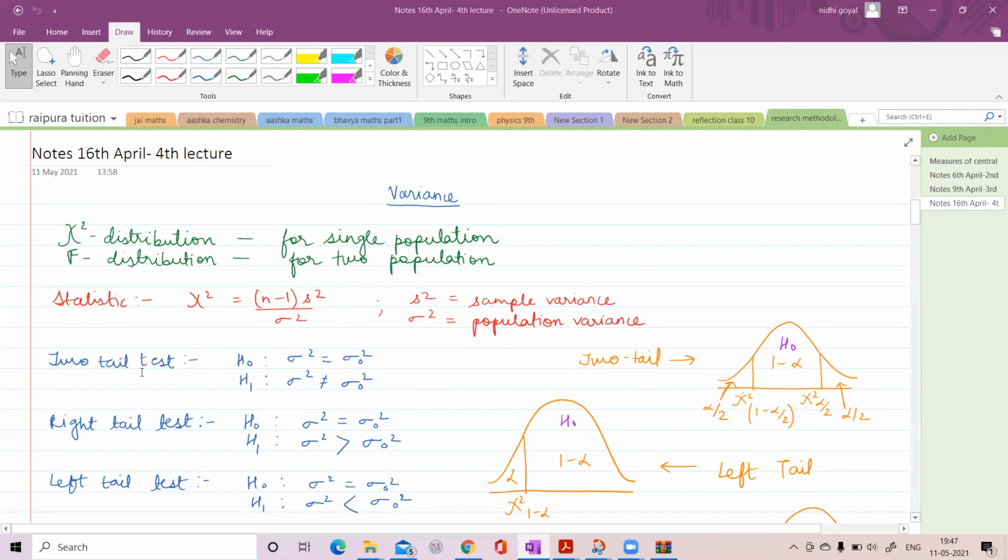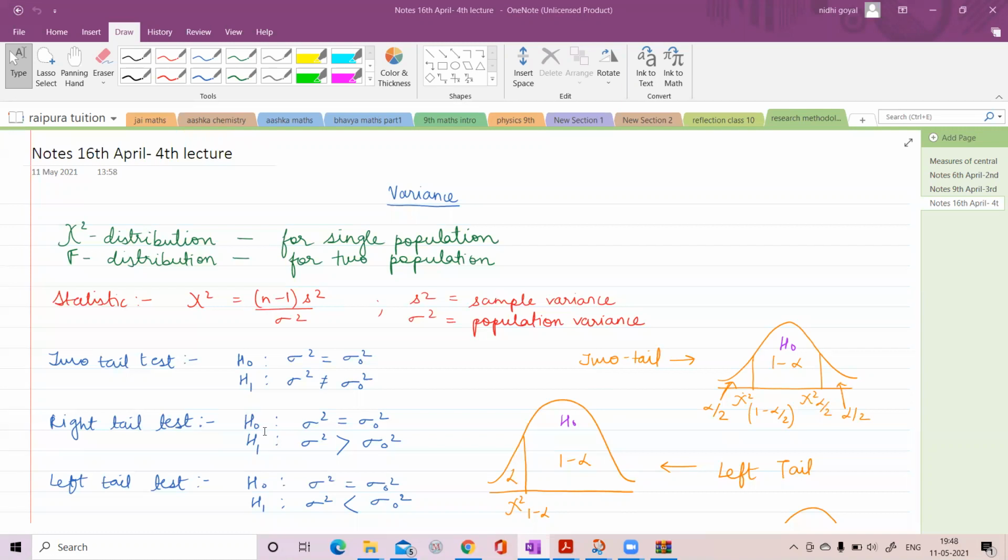Now for a two-tailed test, this is the algebraic representation, and this is the bell curve, and you can see that the critical points are chi-square 1 minus alpha by 2 and chi-square alpha by 2.